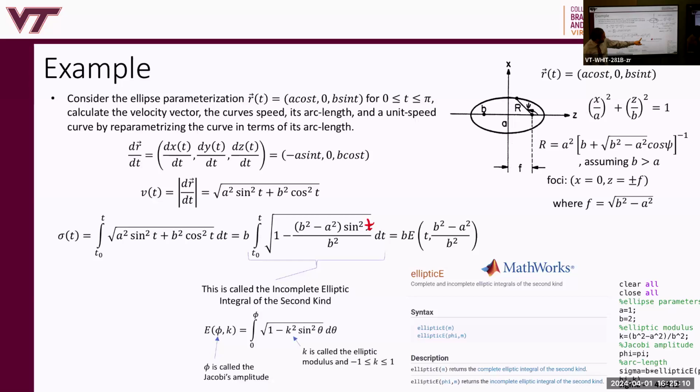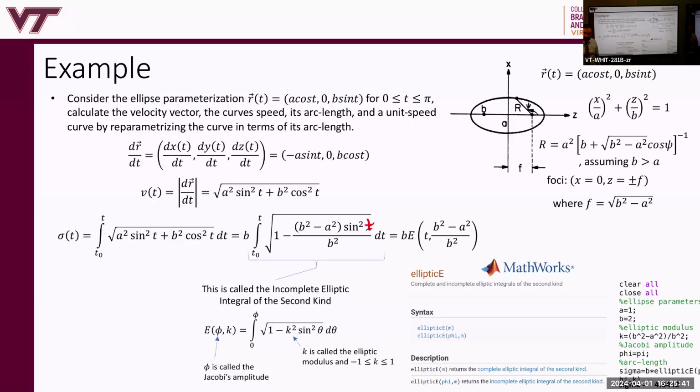So the notation of the incomplete elliptic integral of the second kind is E of t, (b squared minus a squared) over b squared, where the first argument is the Jacobi amplitude. That's just the endpoint of integration. The second parameter is called the elliptic modulus, and it has to go between -1 and 1 in order for you to use the elliptic function in MATLAB, elliptic E, the incomplete elliptic integral of the second kind, in order for it to have this form, all right?